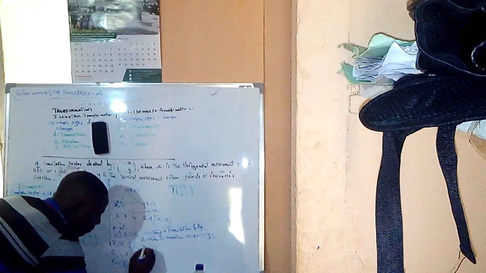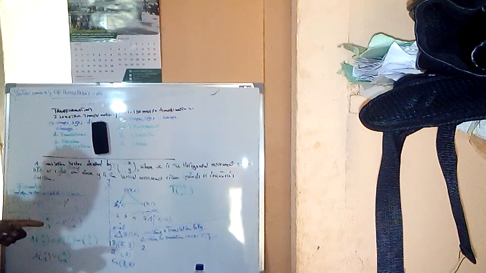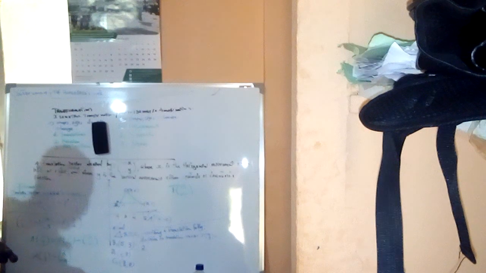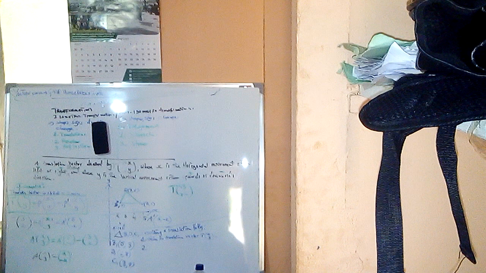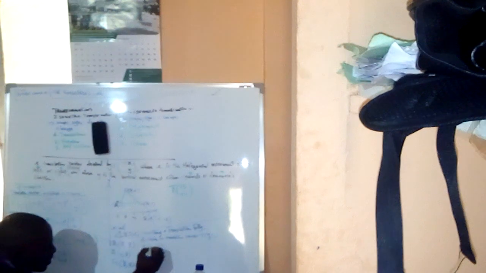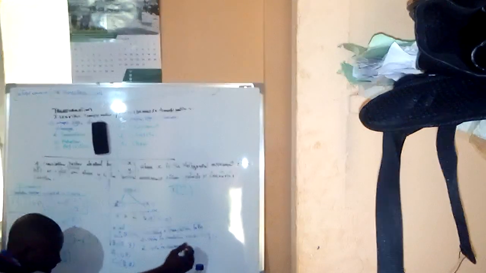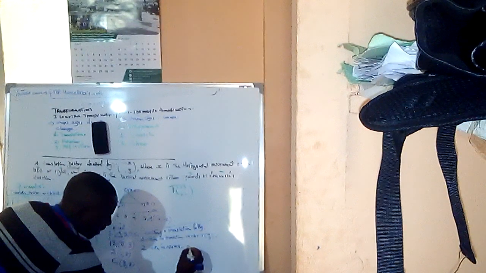Number 2, give its name. Basically, this will be fully described if you give its translation vector and its name, that is to say, translation.